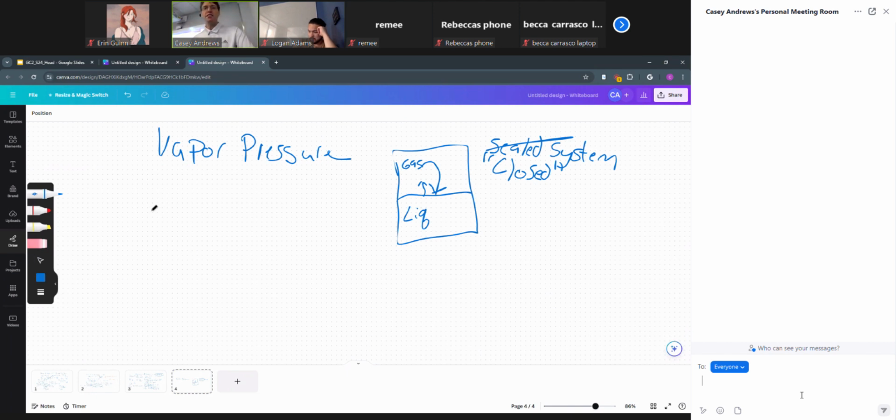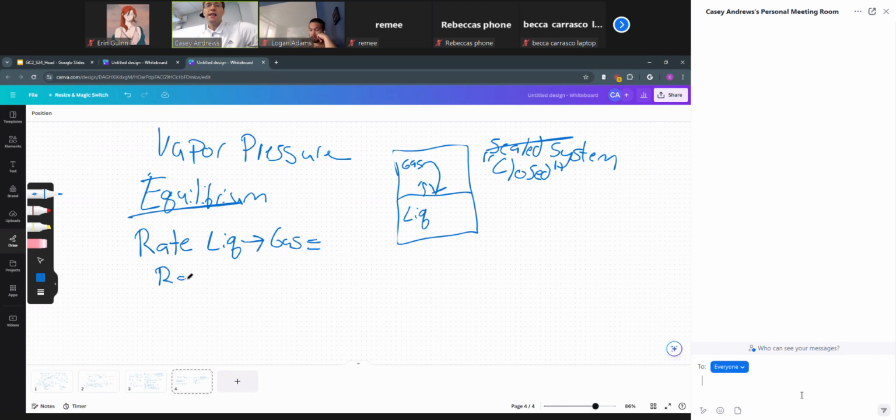Eventually, you'll reach this place called equilibrium. Equilibrium is something we will talk about, I don't know, probably like 3 weeks from now. We'll talk about equilibrium a lot. But right now, what I mean by equilibrium is the rate at which your liquid becomes a gas is equal to the rate at which your gas becomes a liquid.